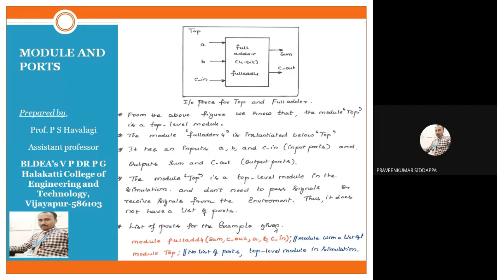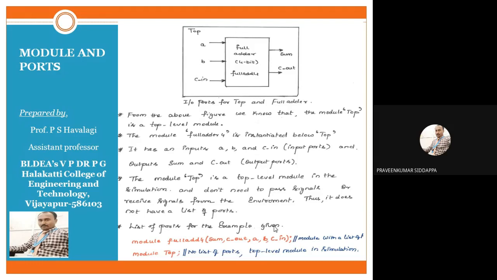So from the above figure, we know that the model top is a top-level model. Yes, that is clear. Because of that reason, we have called it top. After that, the model full adder 4 is instantiated below top. First we have taken a top-level model, and within that top-level model we have invoked full adder 4.